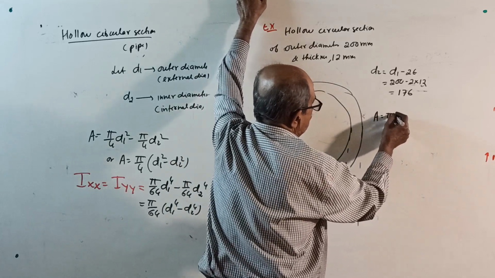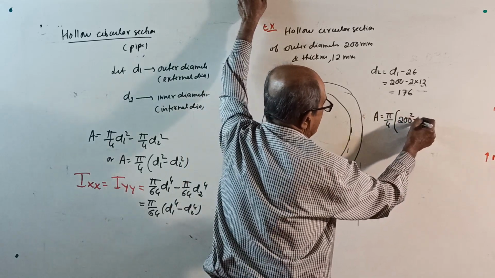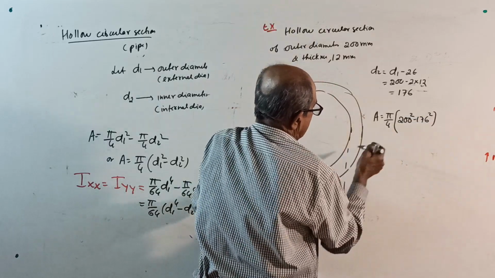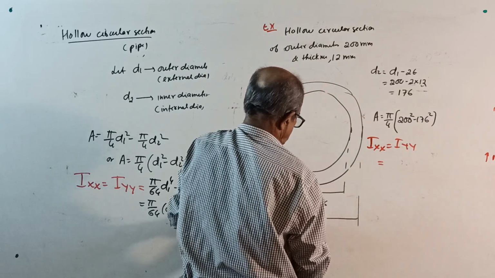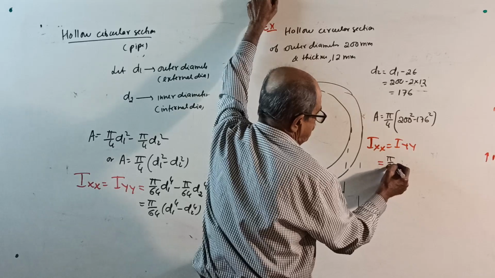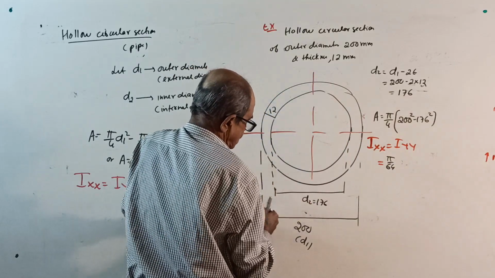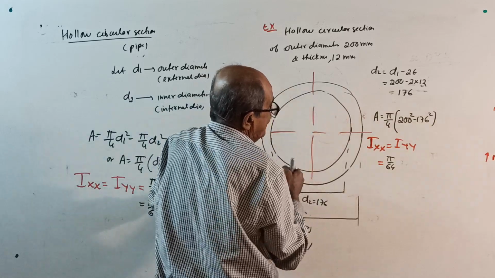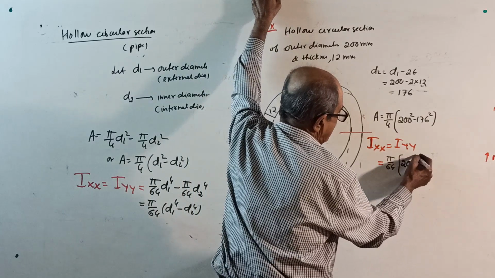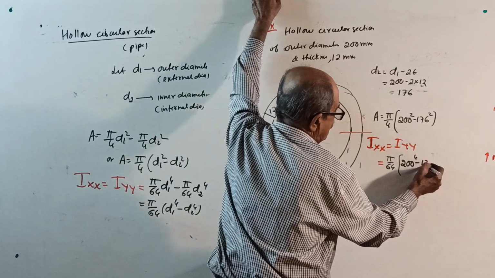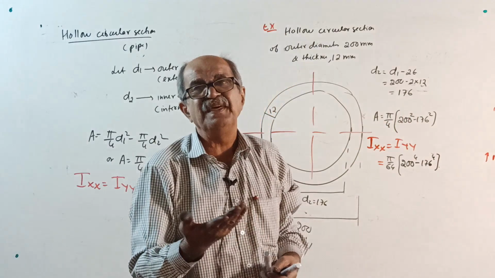Area: pi by 4 of 200 square minus 176 square. I about xx equal to I about yy equal to pi by 64. I forgot to mark xx and yy here. Okay, mark. Remember 200, 100, 100, 100, 100. You write pi by 64 of outer dia power 4, 200 power 4, minus inner dia power 4, 176 power 4. Over. I did it a little fast because there is nothing here.